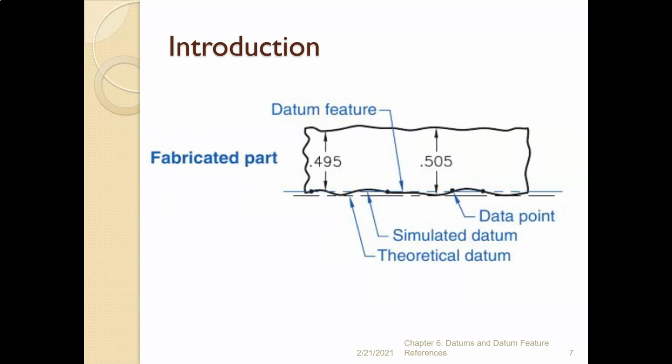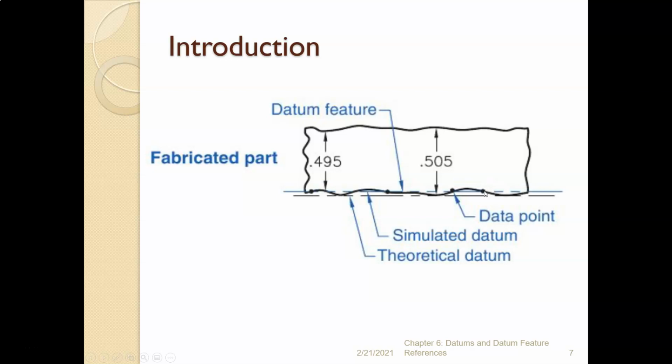All right. So what this means is that we have to be able to deal with simulated datums and theoretical datums. Okay, because in real life we have parts that are imperfect. No surface is going to be a perfectly flat surface. All right, so we have simulated datums, and notice the simulated datum on this fabricated part is derived from these 1, 2, 3, 4 data points.